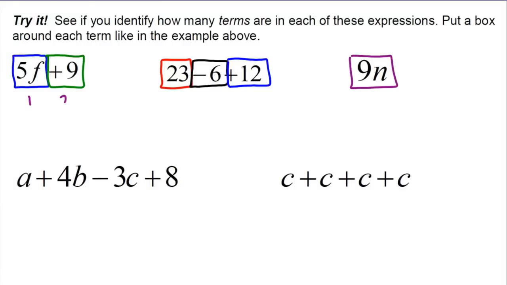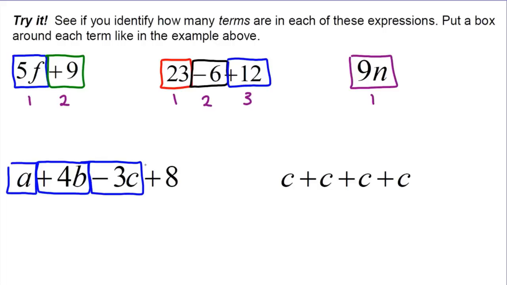Sorry, I should have numbered these. 2 terms, 1, 2, 3 terms. 1 term here. The next one, a plus 4b minus 3c plus 8. There are actually 4 terms in this expression. The first one being a, plus 4b, minus 3c, plus 8. 1, 2, 3, 4 terms.